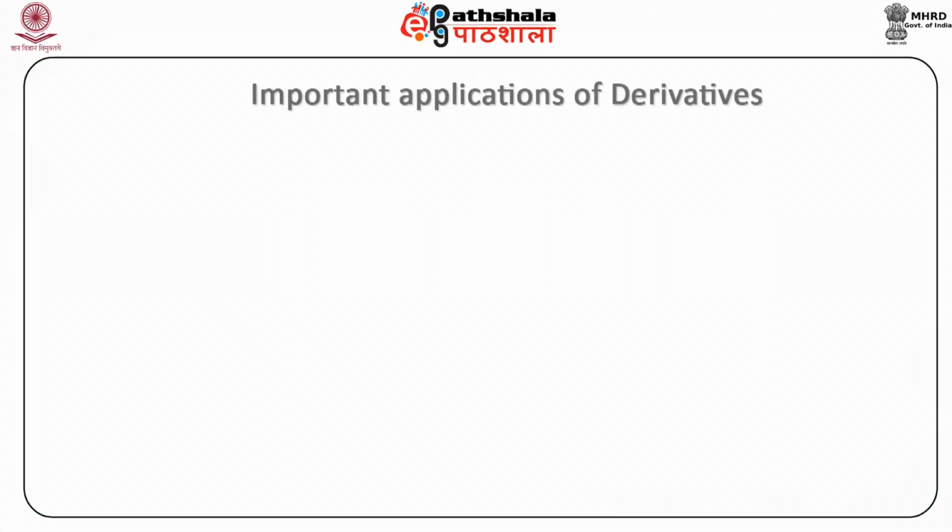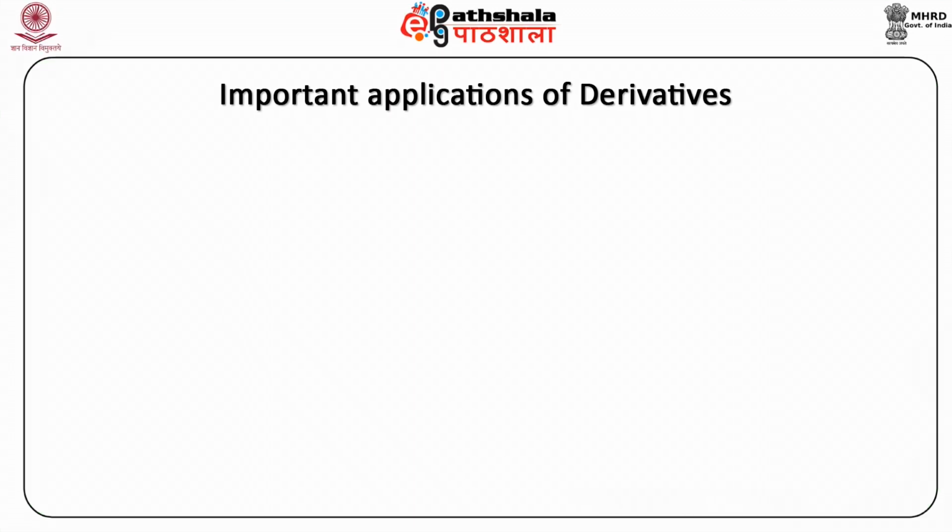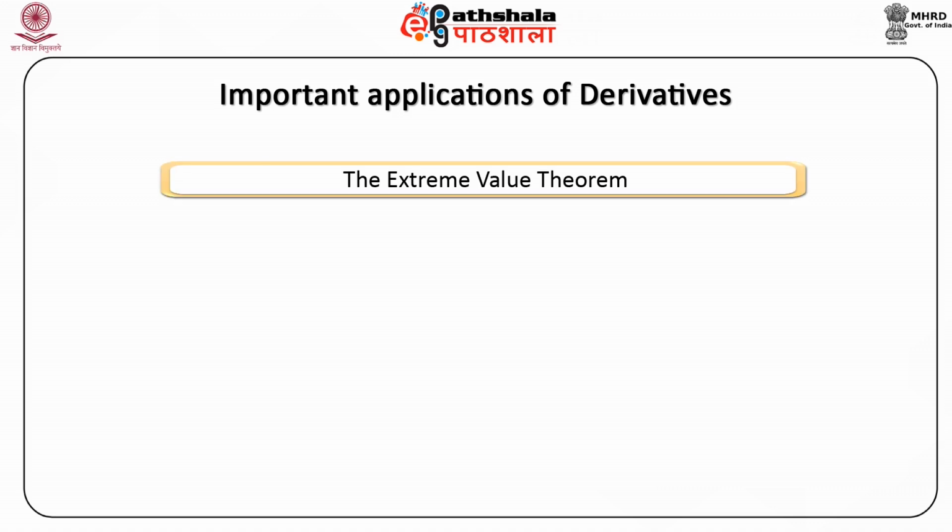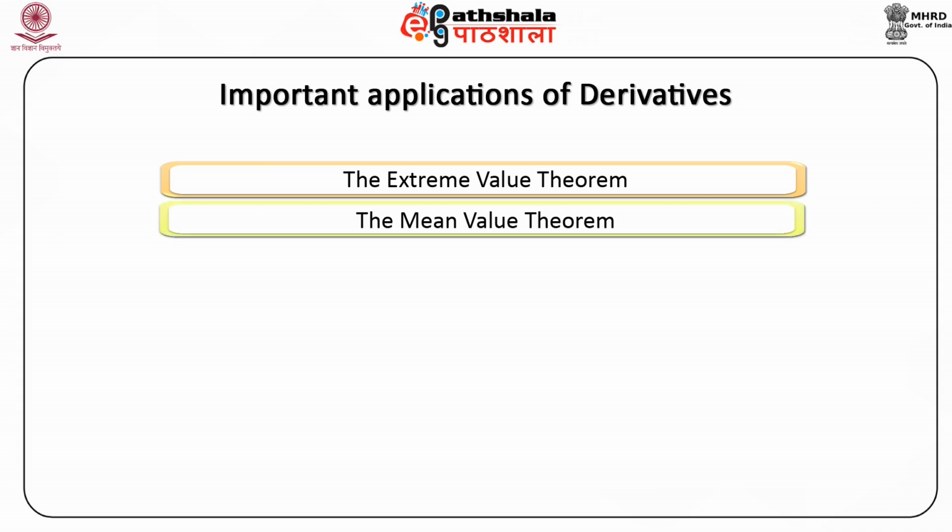The important applications of derivatives constitute functions that involve the best way to accomplish some tasks. The extreme value theorem determines the maximum and the minimum value of a continuous function in a given interval. The mean value theorem is used to find a point c belonging to the continuous interval ab, where the tangent at f(c) is equal to the slope of the interval.